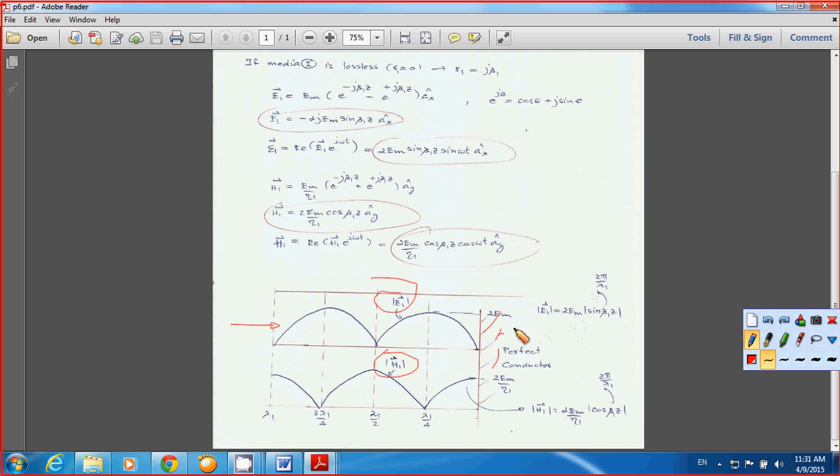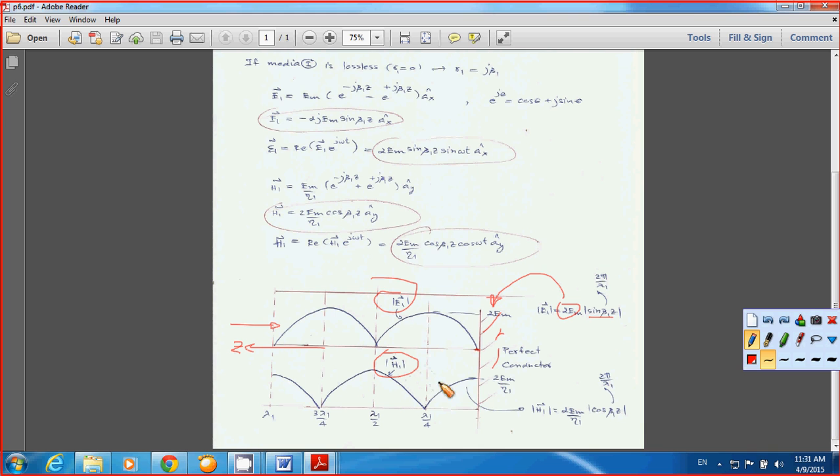If you have the amplitude to be 2EM for the electric field, and then with the function sine beta 1 z, when this one is the z axis, when z equal to 0 it gives you 0, and then you end up with a plot like this.